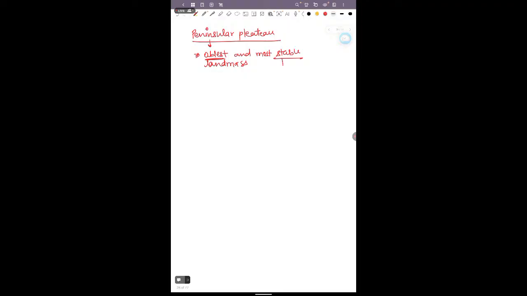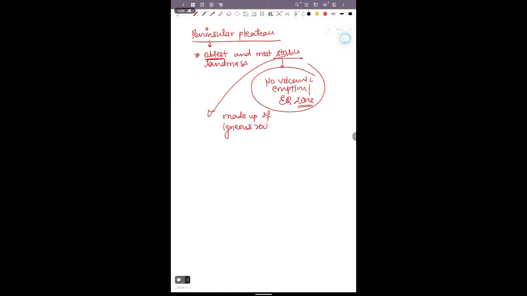So no volcanic eruption or earthquake zone is found in this region, and it is mostly made up of igneous rocks. If we talk about igneous rocks, these are the Archean gneiss and crest.